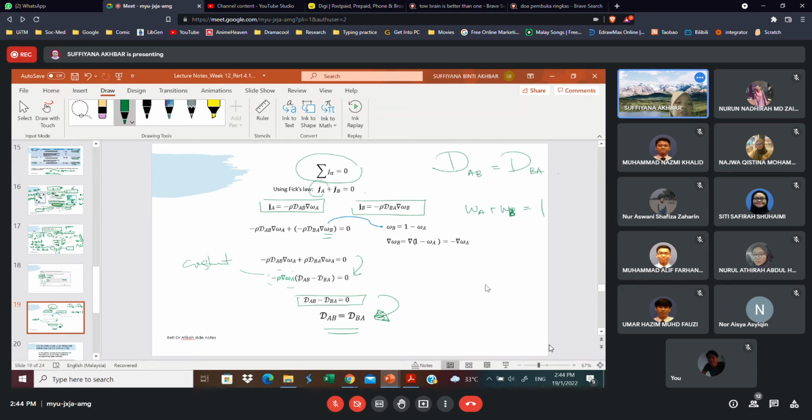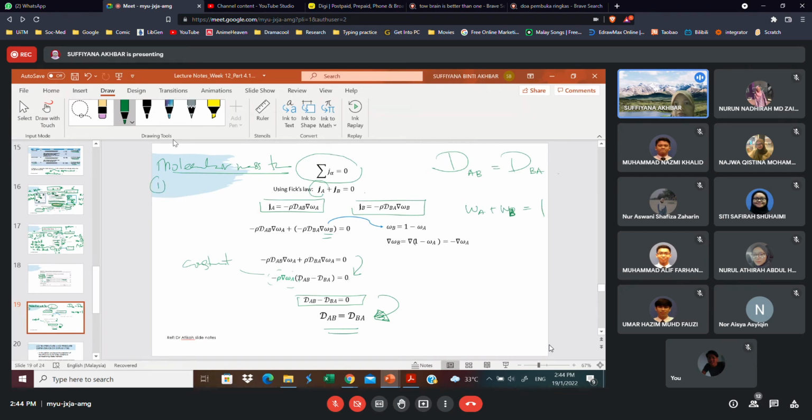Okay, so that's the 4.1 we have learned about the fundamental. So fundamental, dua benda which involve the molecular mass transport, you kena tahu. Yang pertama tadi apa?